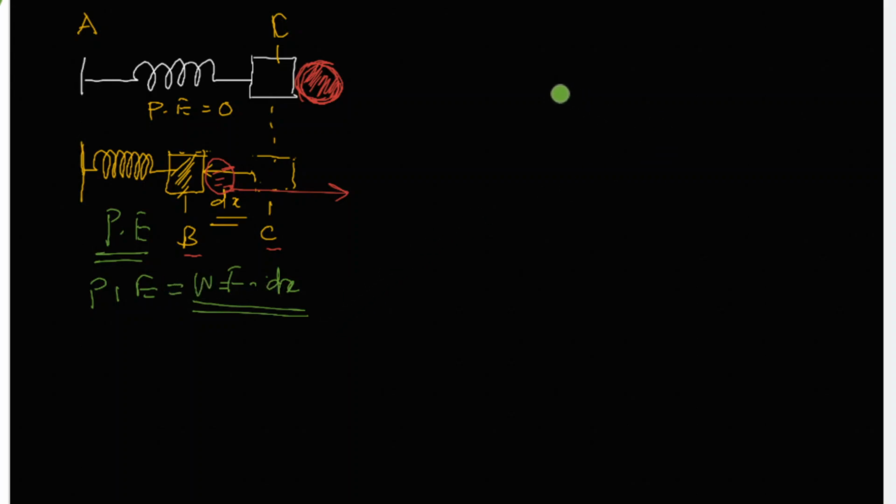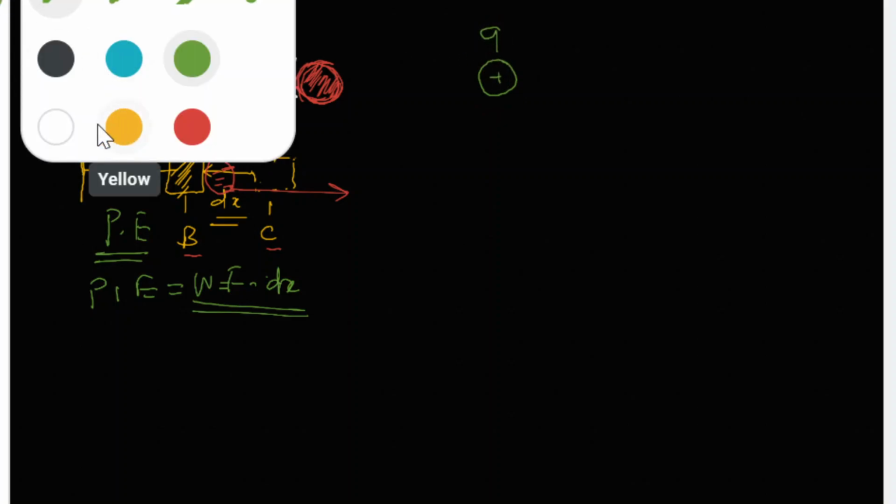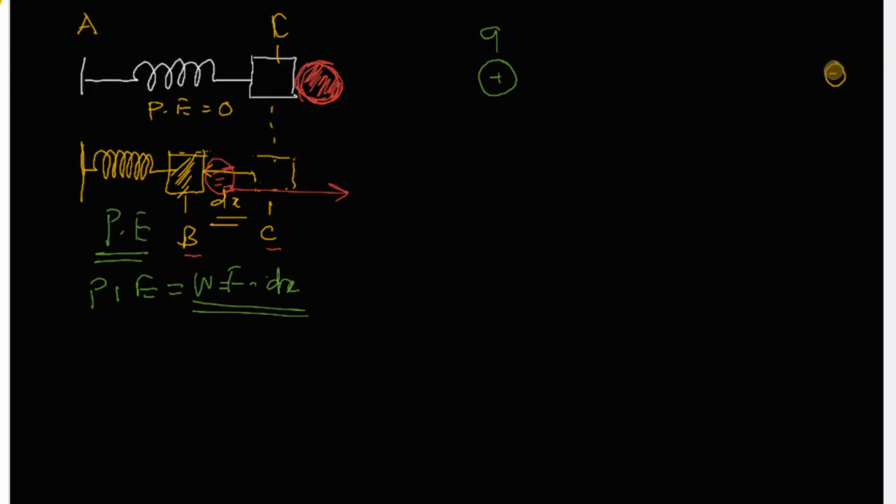Now here the same thing is happening. This is the positive source charge I'm taking, and the other charge, also a positive charge q0, I'm keeping somewhere at infinity. From infinity to somewhere here I'm pushing it. Why? Because the electrostatic force of repulsion will be there, since the two charges are alike in nature.